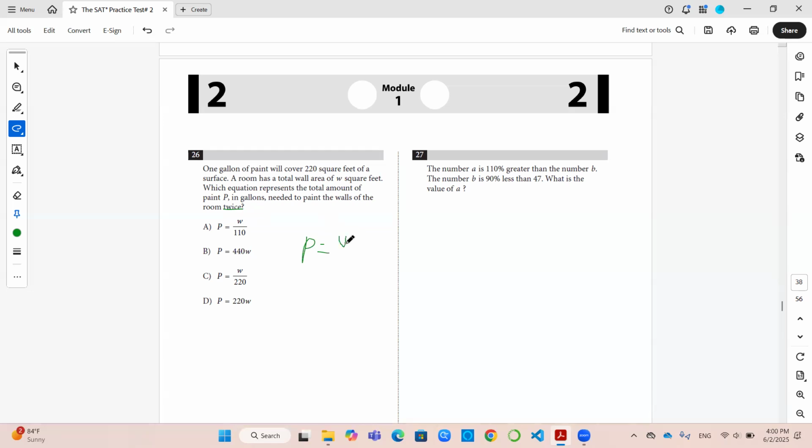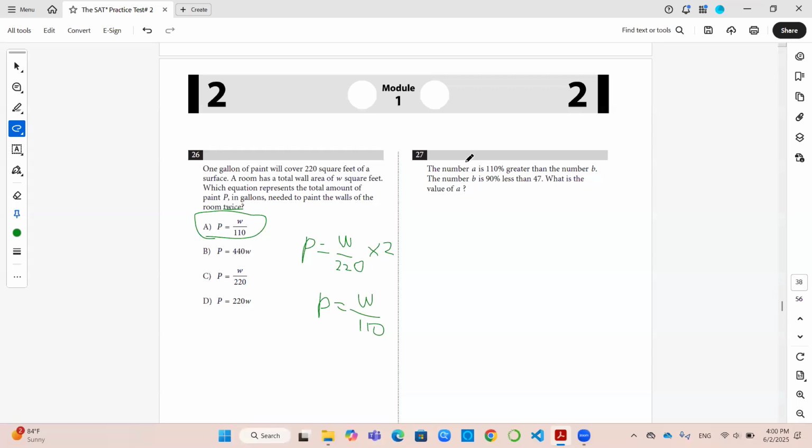So we have W over 220, right? But I'm going to do this twice. So if I multiply by 2 here, it becomes W over 110. So A is the correct answer.